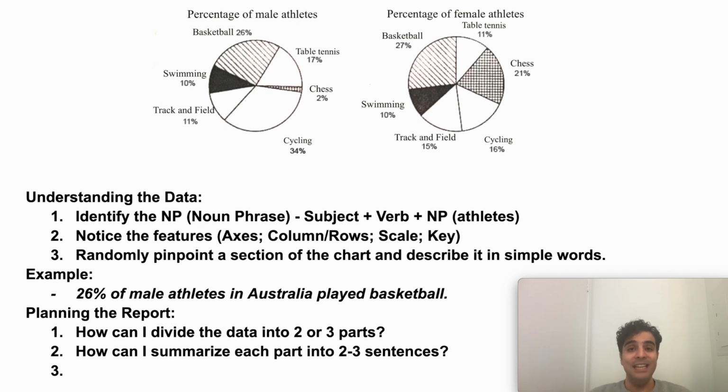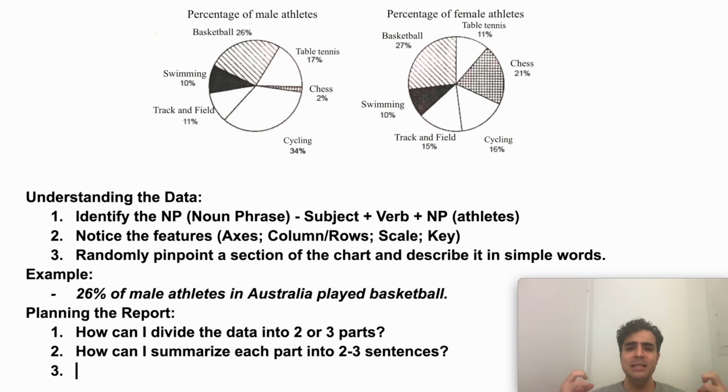So if I can't draw all those comparisons, then I'll probably need to limit myself to 1 or 2 comparisons that are very meaningful, that help us understand what's generally going on among male and female athletes in Australia, right? So you want to draw a comparison that could serve as a key point. And we're going to call these important comparisons key points, or sometimes I refer to them as vital information.